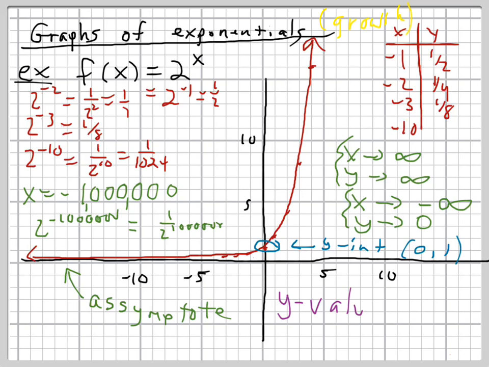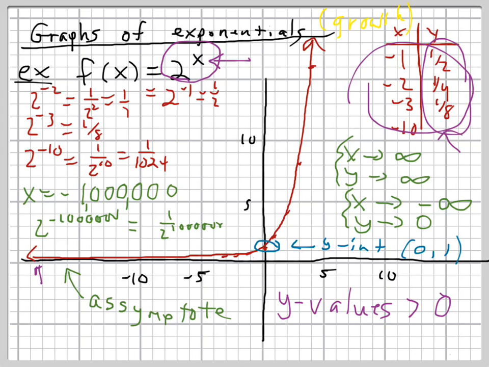No, they don't. So my y values are always greater than 0, not even equal to 0. They're always positive. And again, because we said here the asymptote, they can't be 0. And any positive number to a base, whether that base is positive or negative, as we saw here, it's still going to yield a positive value of y, always.